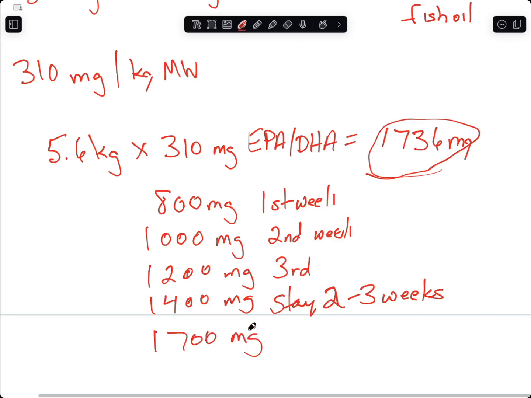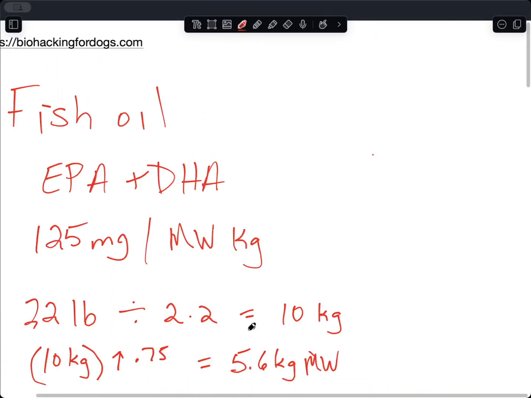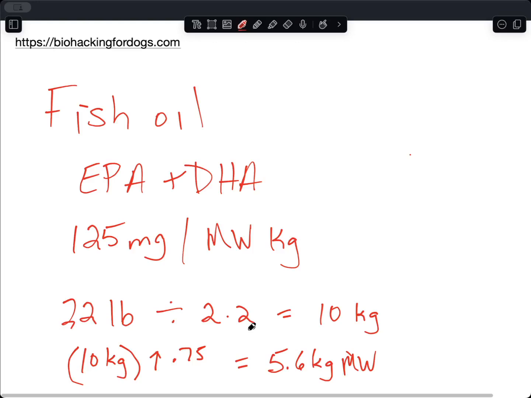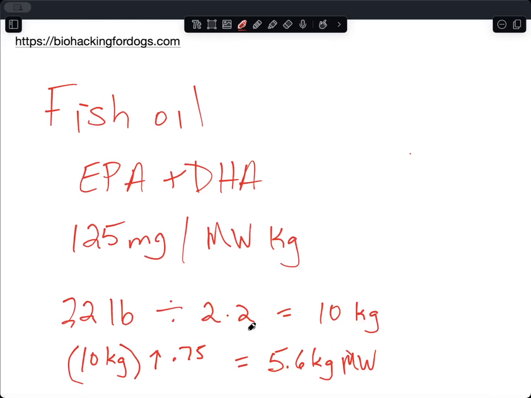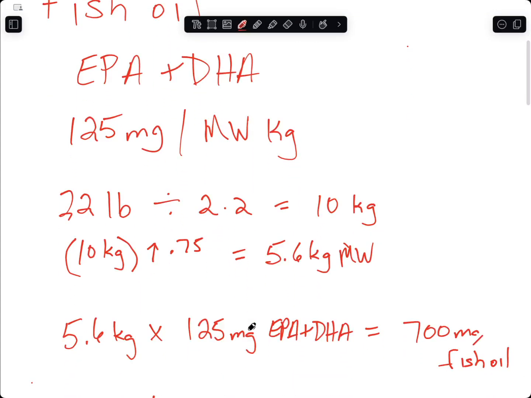But I just wanted to quickly get on here and show you the calculations that we typically use for fish oil. It was a really good study. I'll post a link to that study, or maybe actually to Rodney's post about it, in the comments below. So there you have it.